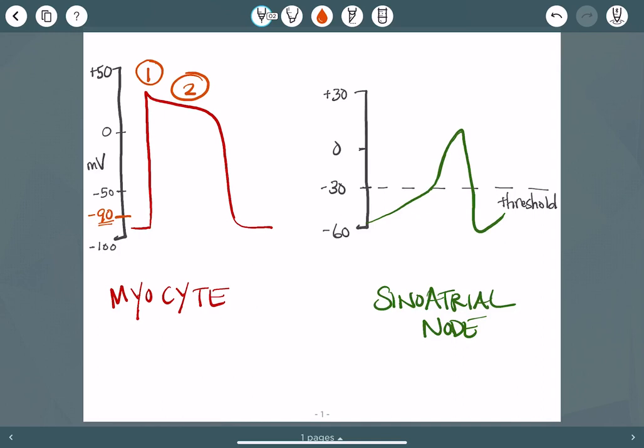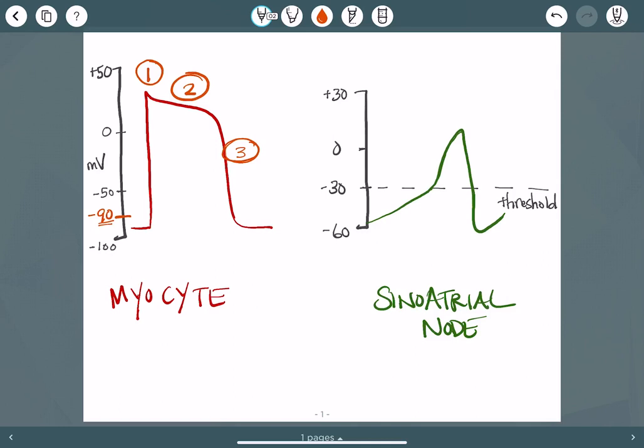At this point, potassium is beginning to leak out, but calcium is coming in, and so we're staying in this balanced place. Eventually, the calcium channels close, and that is when number 3 on your note packet, repolarization, happens. When the calcium channels close and there's no longer an influx of calcium into the cell and potassium is still moving out, you return back to the resting membrane potential.